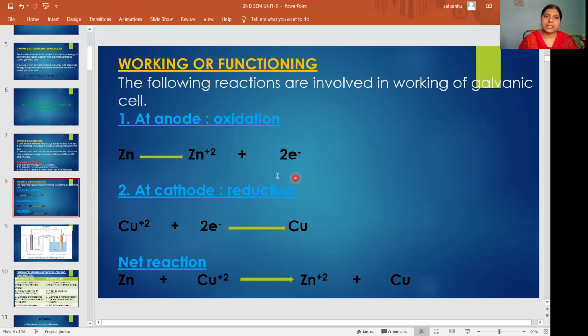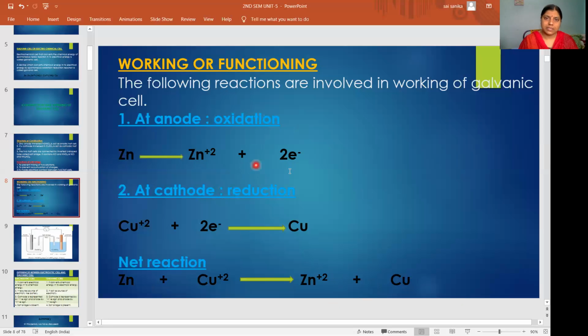So what is the net reaction of this cell? If you add these two reactions, the reaction taking place at the anode and the reaction taking place at the cathode combined form the net reaction, the total reaction of the cell. If you combine the left side and right side: Zn plus Cu2+ gives rise to Zn2+ plus Cu.